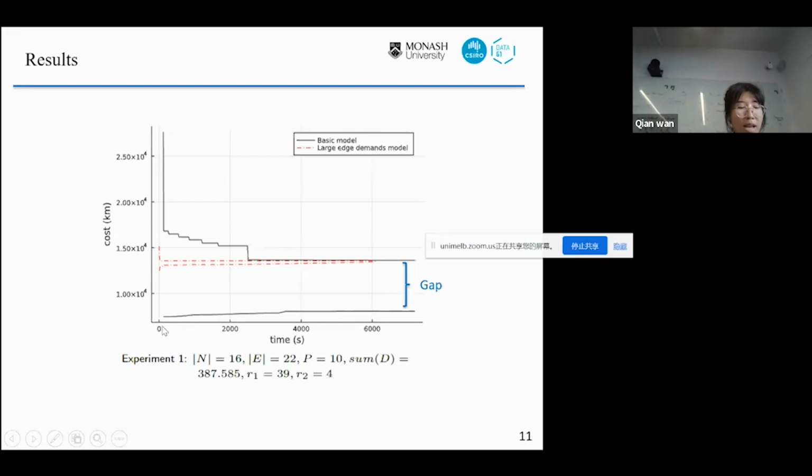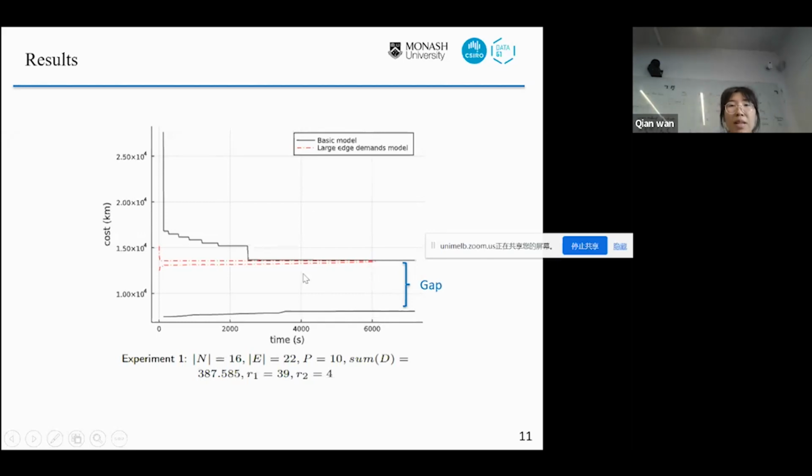The upper and lower bounds of the basic and the large edge demands models are represented by the black solid and red dotted lines, respectively. The graph indicates that the large edge demands model, represented by the red lines, converges rapidly and reaches an optimal solution in about 6,000 seconds.